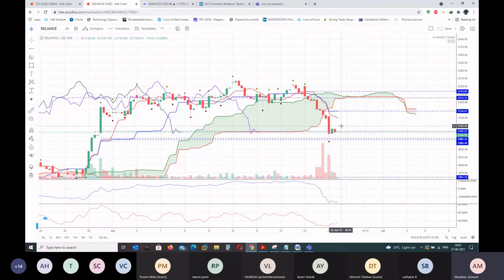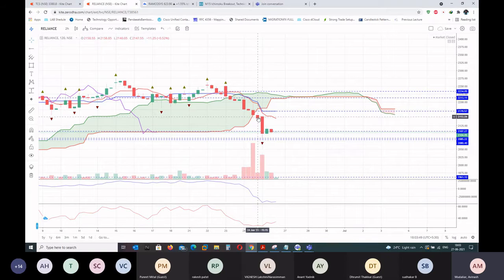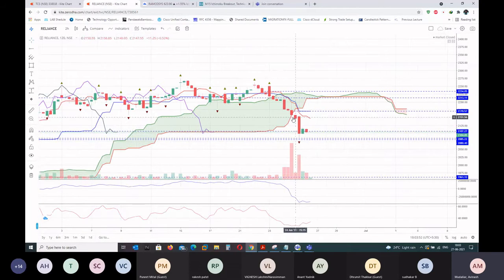Here, what happened is you can see a little bit of whipsaw when it was touching here, and then ultimately it cracked down because of results, but that's a secondary thing. You should avoid it because you can see it was about to touch here, and at the same time you can see the candlesticks and the volatility. It will help you avoid bad trades.